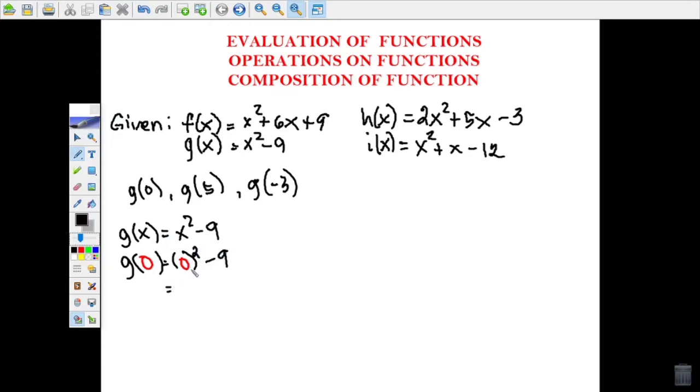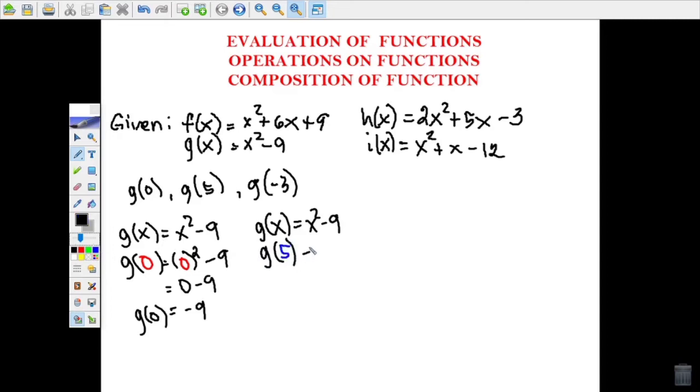So, by solving that, 0 squared is 0 minus 9. So, 0 minus 9 is negative 9. So, therefore, the value of g of 0 is negative 9. Then next, again, copy the given, g of x is equal to x squared minus 9. Okay? And we are asked to find g of 5.